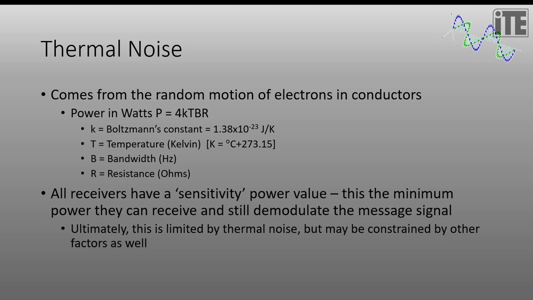So there's always going to be some thermal noise, and in addition, all receivers have a sensitivity value, as I mentioned, which is the minimum power they can receive and still demodulate the signal. Often, if it's a well-designed receiver, that sensitivity is limited by the thermal noise, but it may be constrained by other factors as well.